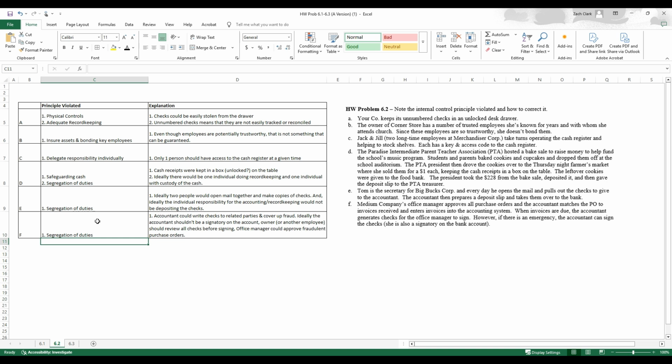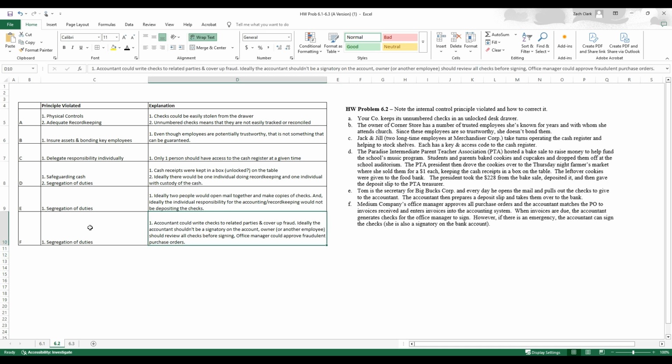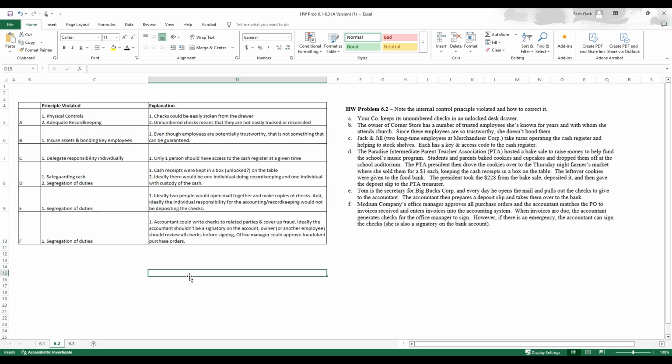So really, again, it gets back to this idea of segregation of duties, and you hopefully have someone, not just an office manager, be in charge of doing all the purchasing, because even if the accountant is reviewing and doing their process in this, if those purchase orders aren't accurate and they're not catching it for some reason or some way, because the office manager is the only one who is both signing and creating those purchase orders. So separating those out as much as you could would be ideal.